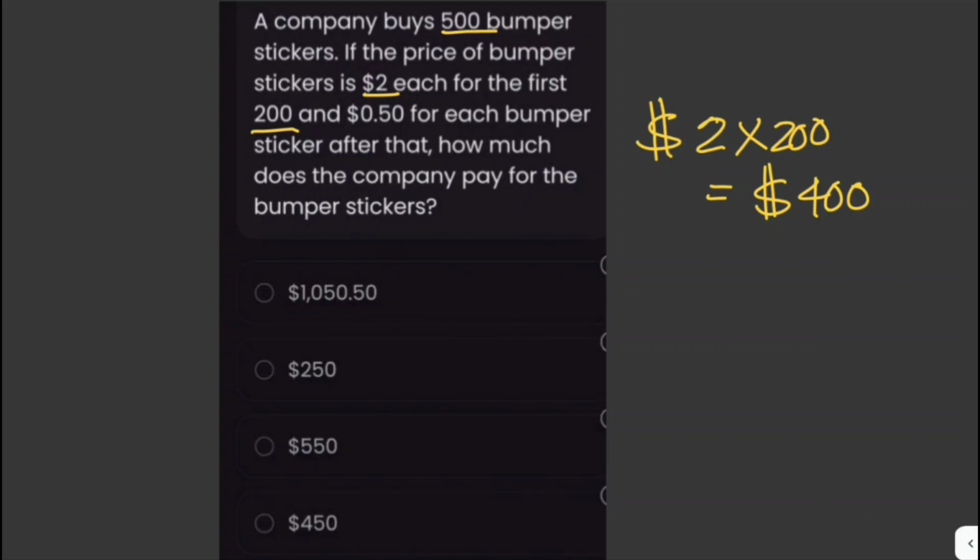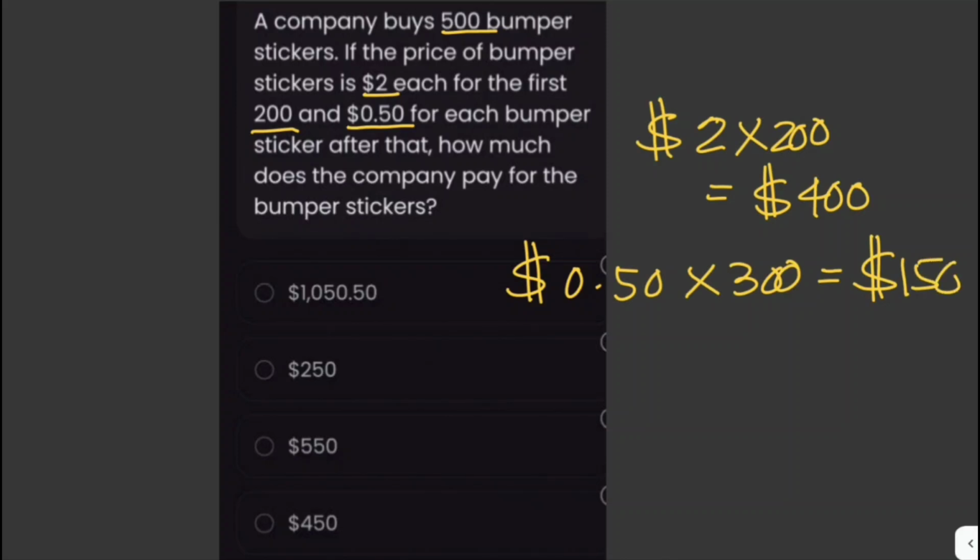The company would pay $400 for the first 200 bumper stickers, and it pays $0.5 for each bumper sticker after that. So the remaining number of bumper stickers would be 300. We multiply 0.5 by 300, and this gives us $150 for the next 300 stickers.